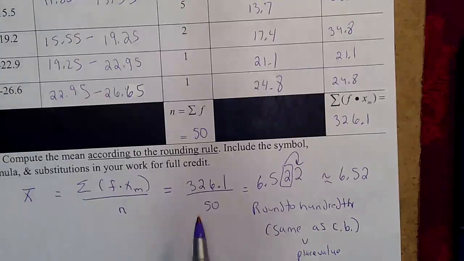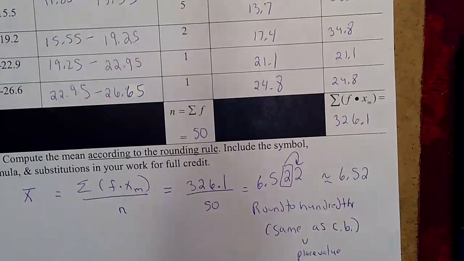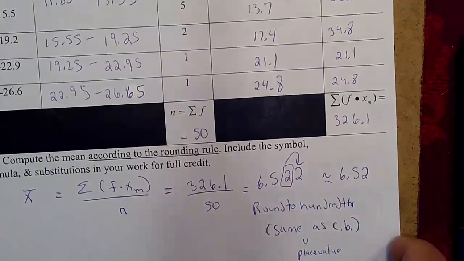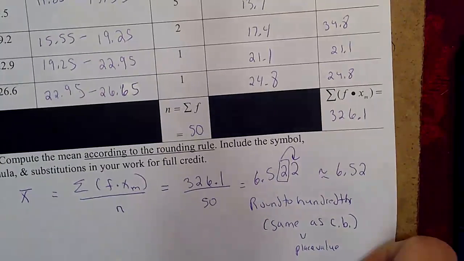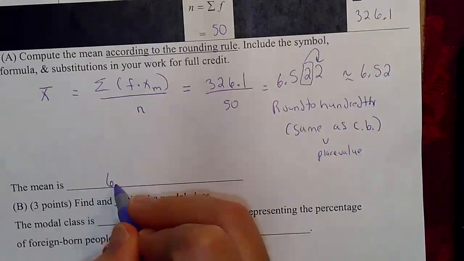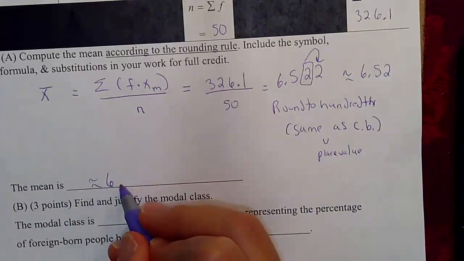This one though doesn't have units, so percentages of foreign-born population for each of the 50 states. So yeah, if they had units, they would have had like in parentheses. So I think that's okay on this one, because I don't see anything in the parentheses. So about 6.52.